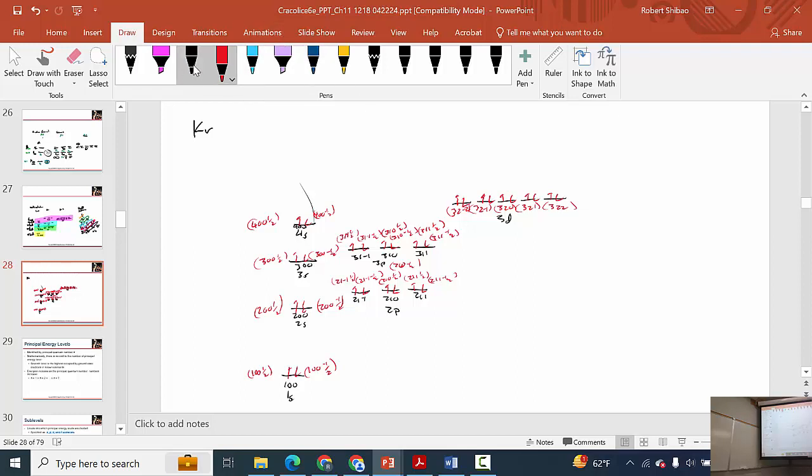Then I have to go to the next one. The next one will be 4p. So higher in energy than the 3d will be the 4p. The pattern just holds the same: 4, 1, minus 1; 4, 1, 0; and this is filled, right?